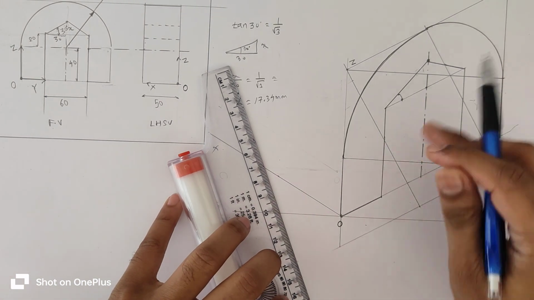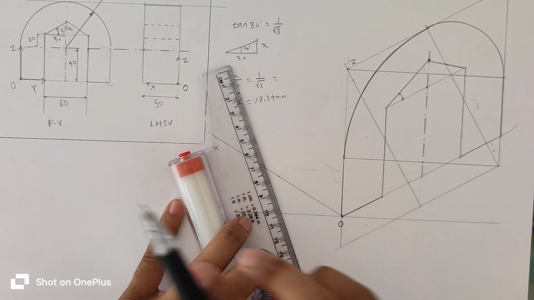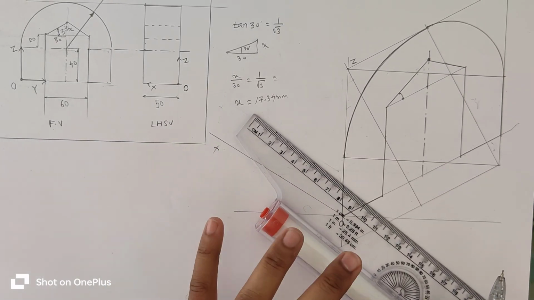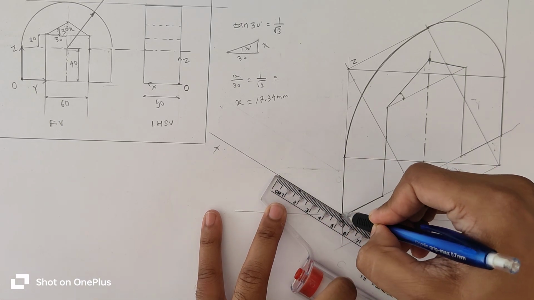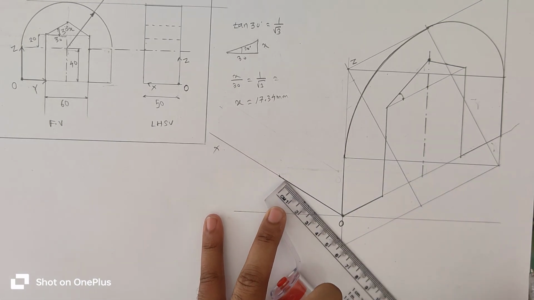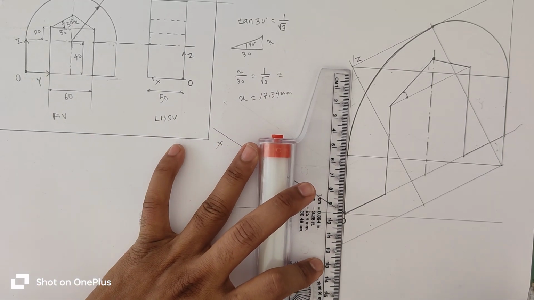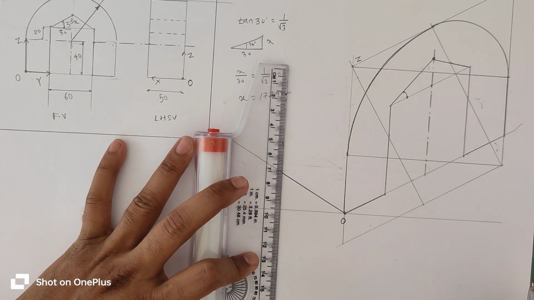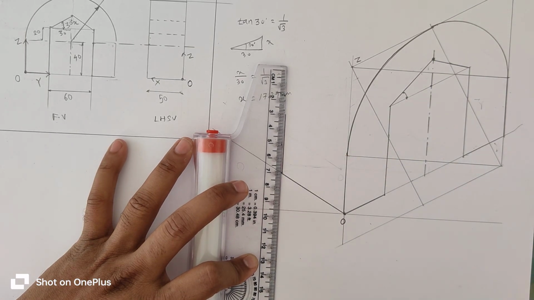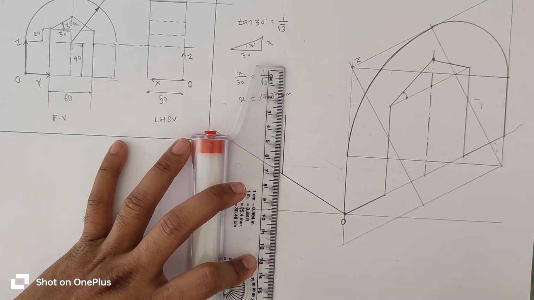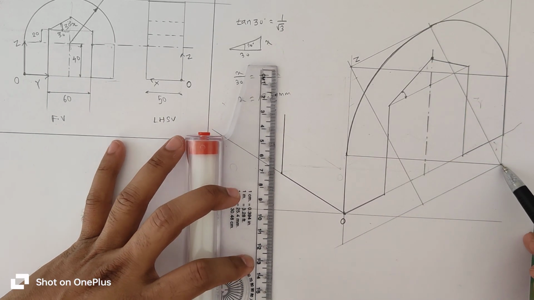Okay, but in dimension we have to show this angle as 30 degree because it is as per question. Now we have to translate this semicircle at distance of 50 mm along x-axis. So take 50 mm along x-axis, then draw line parallel to z-axis from this point of 4 centimeter, and then the points required to draw this semicircle are this point.